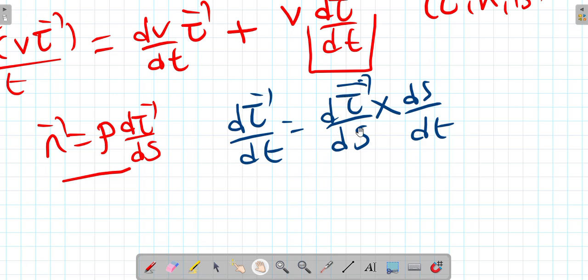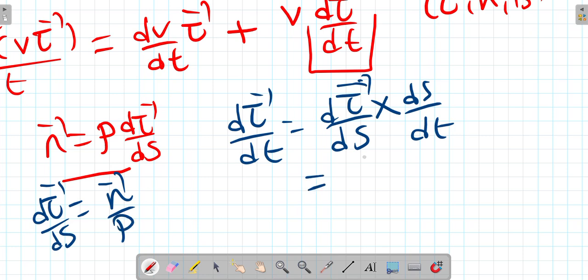This is why ds appeared in my expression of d tau over dt. So d tau over ds is the normal vector divided by the radius rho. Here I'm going to replace it, so I'm going to have ds over dt, then the normal vector over rho.